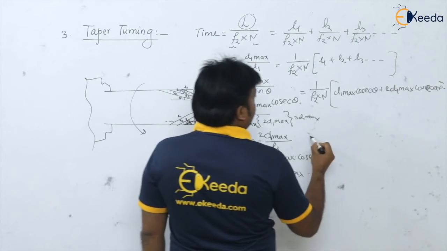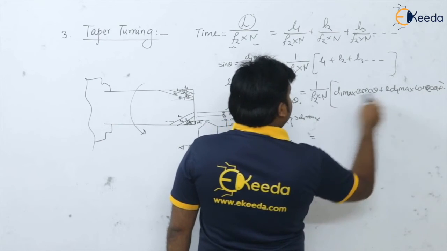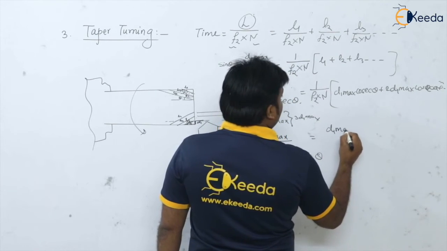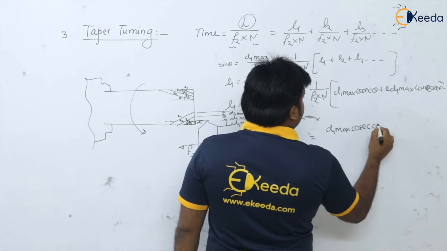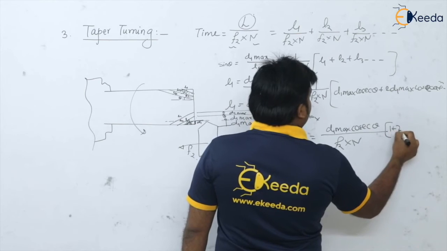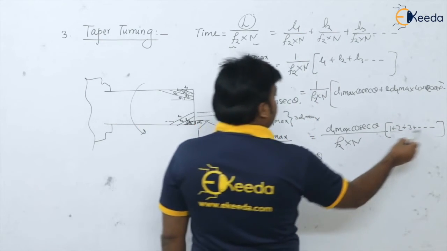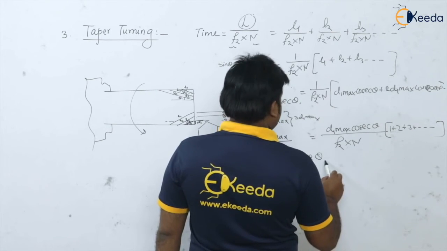Okay, out of this bracket also I can take a common factor. The common thing is d1 max cosec theta divided by F2 into N, into bracket 1 plus 2 plus 3 plus so on, isn't it? So what is this? This is a natural number series, isn't it?